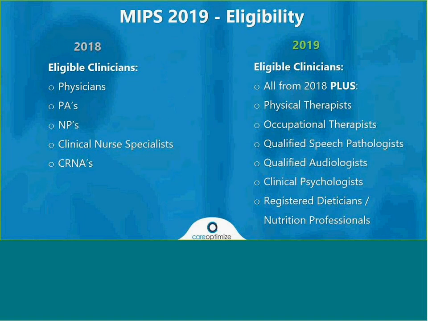Additionally, they have added a whole slew here of different types of therapists, psychologists. The one on the bottom is new as well. The registered dietitians and nutrition professionals are also added for 2019. So again, I think the addition of the eligible clinicians there is a large reason why that 800,000 number is 150 over what they had originally estimated.